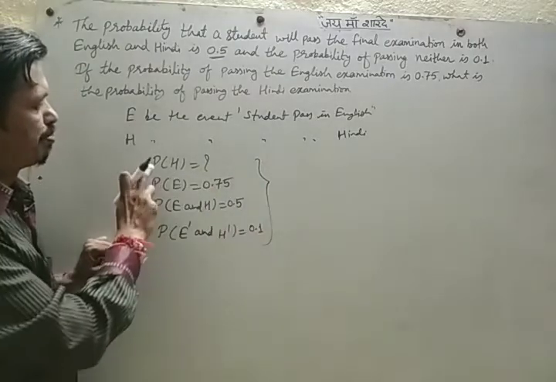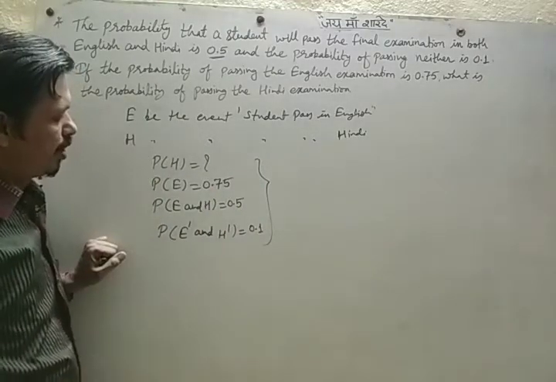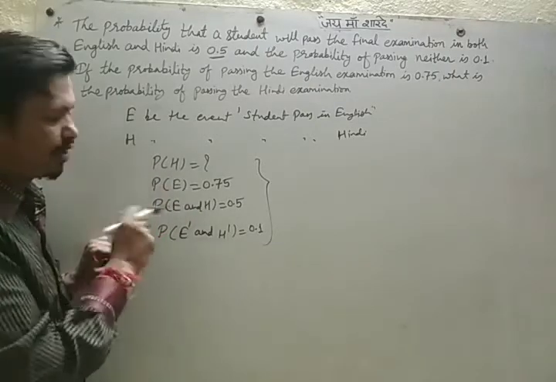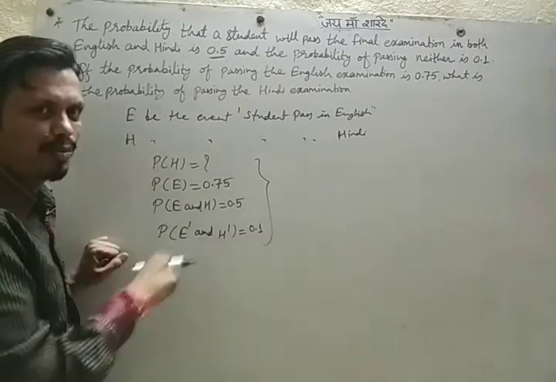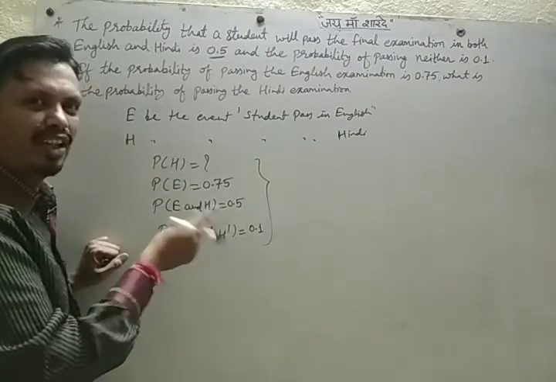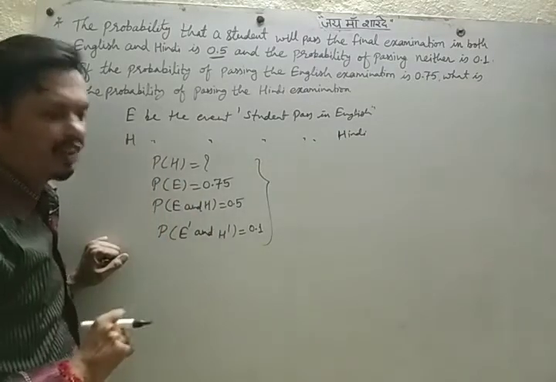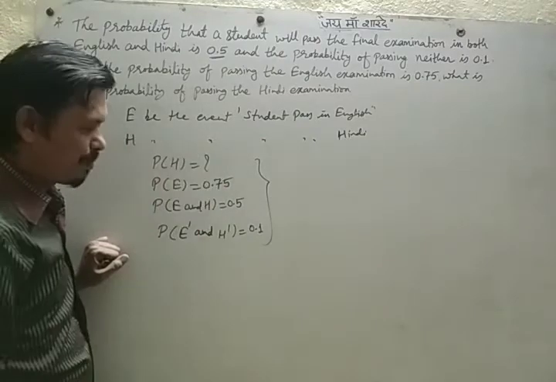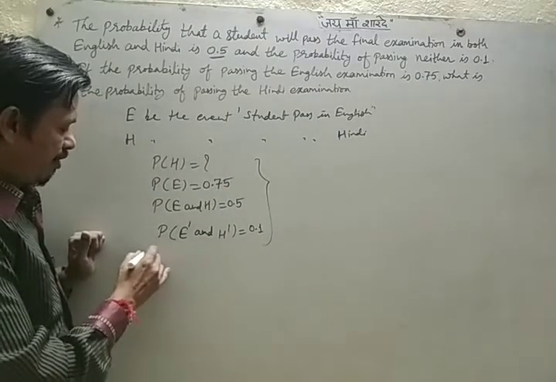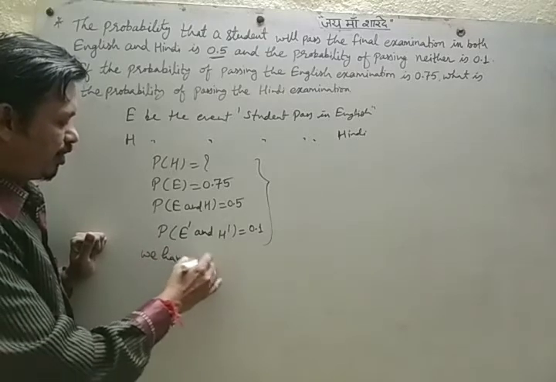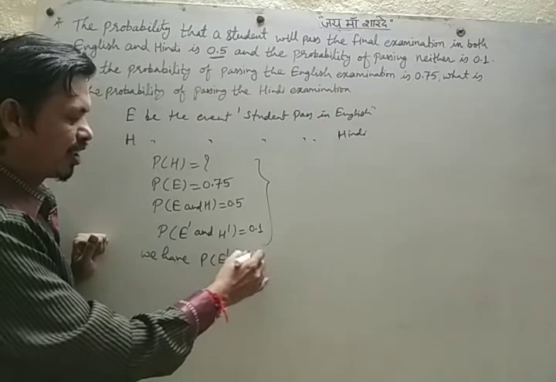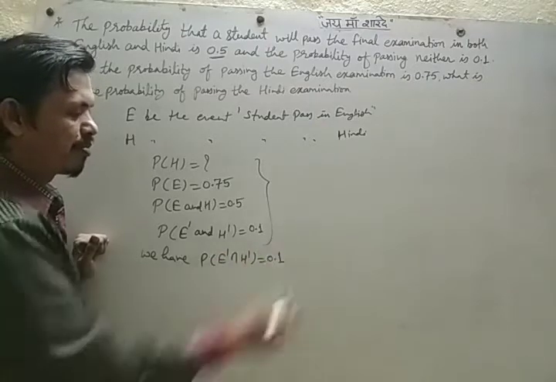Now we need the probability of H. So P of E we have, P of E and H we have, P of H is missing. So if we find P of E or H, then we can find P of H easily. So with the help of this, can we find P of E or H? So we have P of not E and not H is 0.1.